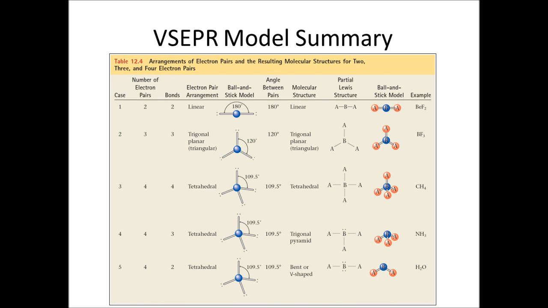If 3 of these things are bonded elements, and the 4th place is occupied by a lone pair of electrons or a single electron in an orbital, a radical as it's called, this would still be a roughly 109-degree angle between all these bonds, but instead of calling it tetrahedral, you might call it trigonal pyramidal.